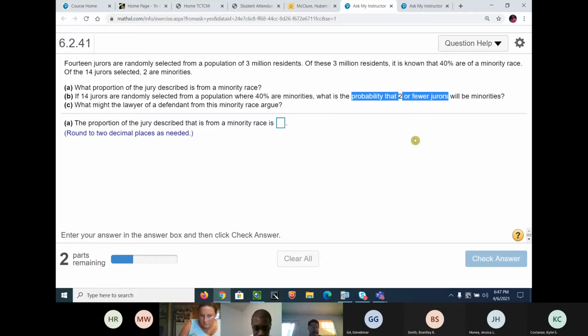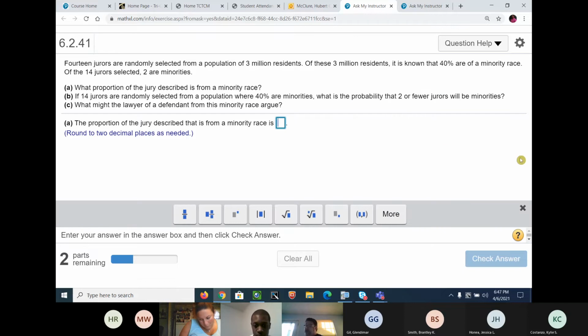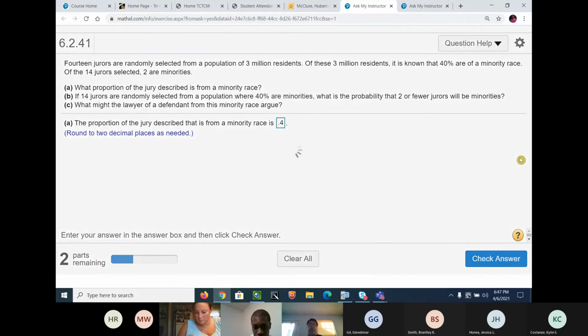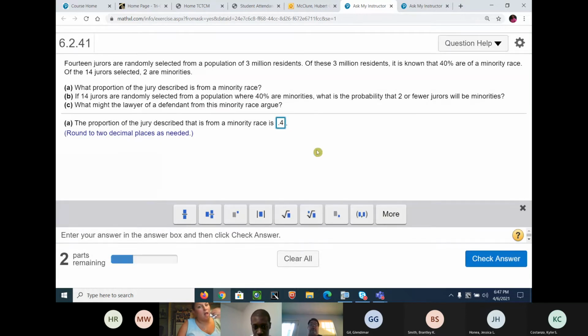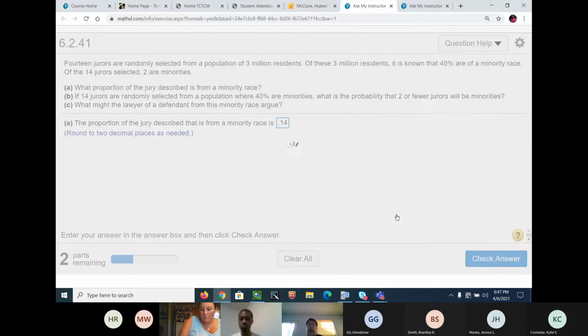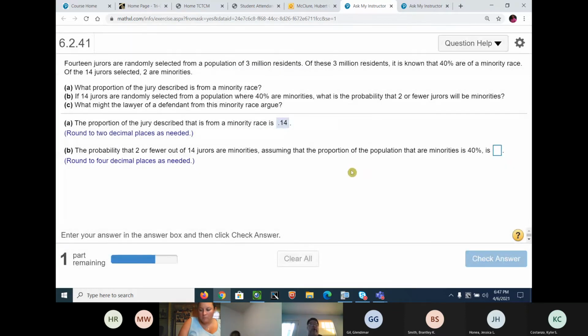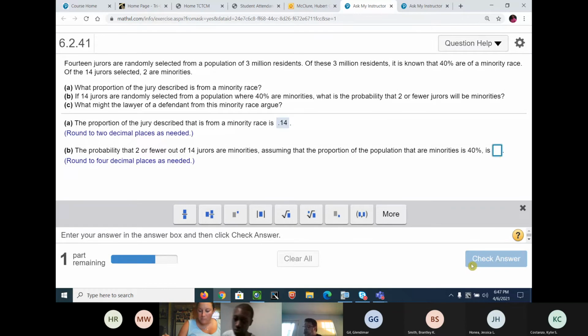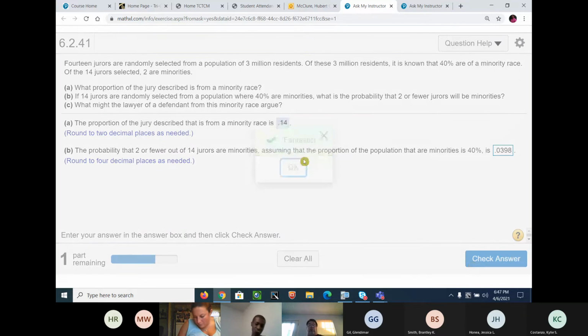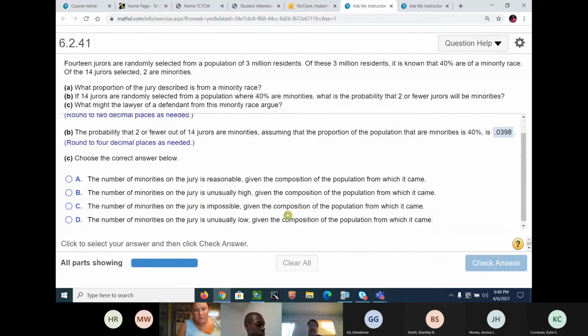So let's type in our answers. So A is 0.14. Okay. Oh, I didn't type in a 1. There we go. And it says round to 4 decimal places, 0.0398. And which one says the jury sucks?